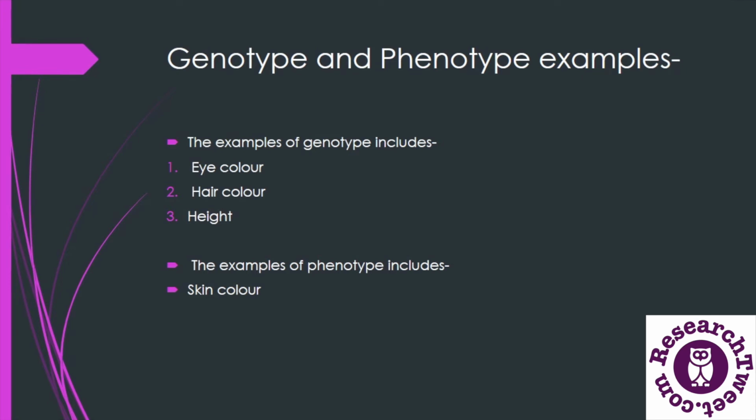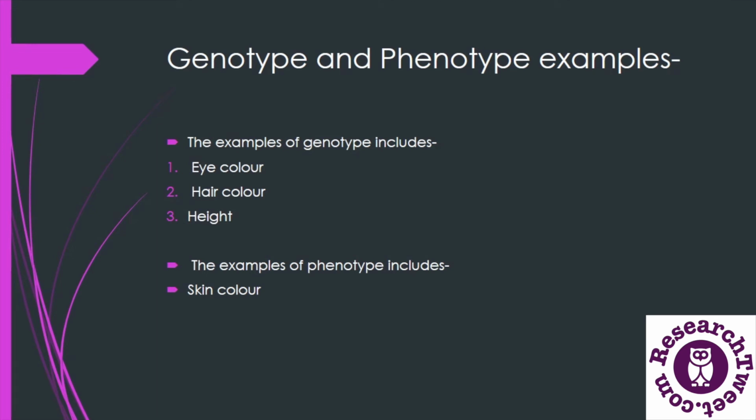On the other side, the phenotypic characters of any individual include skin color. Here the quantity of melanin is influenced by genes, but there are many other factors which can influence the skin color of a particular organism. These factors can be temperature, UV light, or the sunny climate.